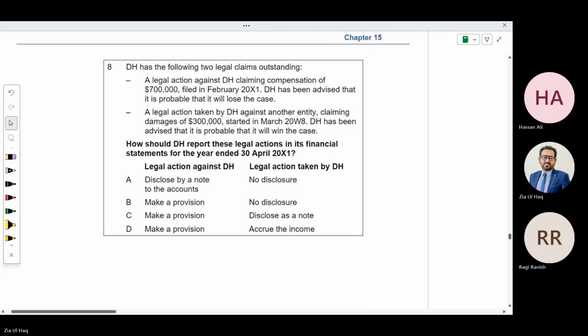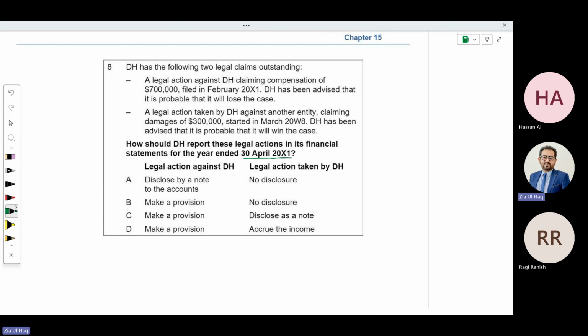Number 8. DH has the following 2 legal claims outstanding. A legal action, what we need to do? How should DH report these legal actions in the financial statements for the year ended 30th April 20X1? Meaning for which a provision, for which nothing or disclosure.